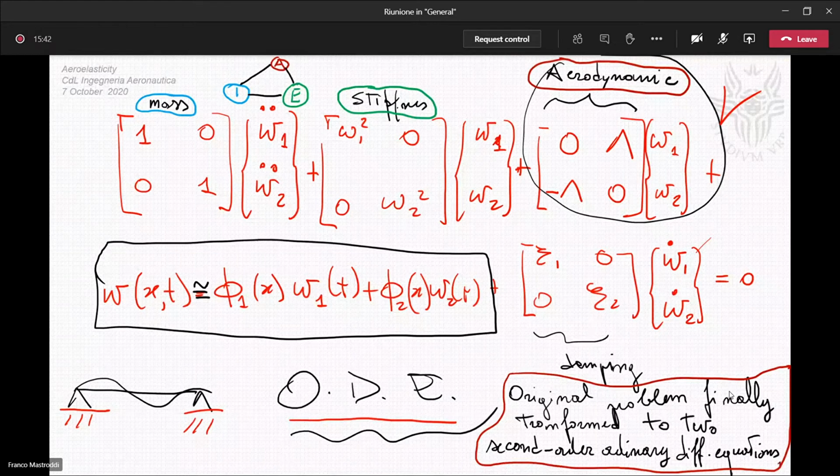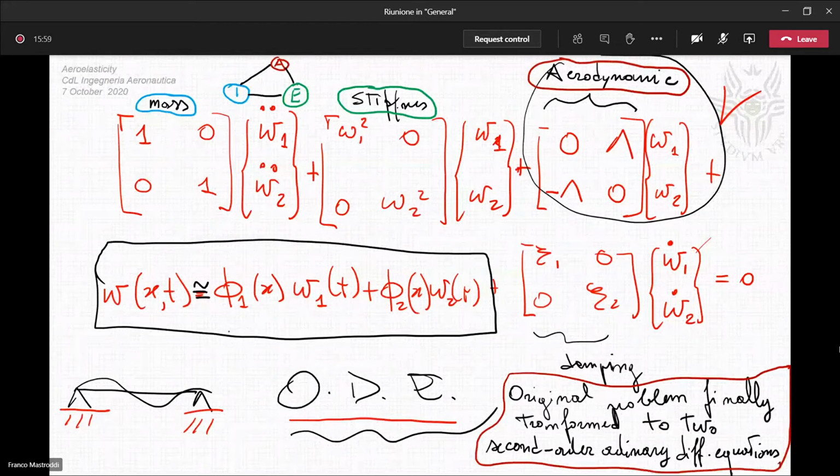If you go in the first order form, you probably will lose this kind of connection with the physics, okay?